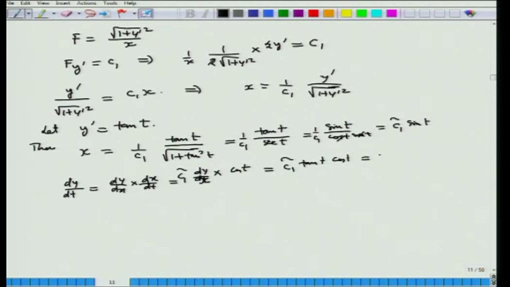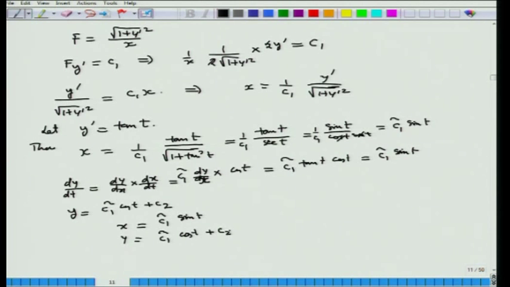So that is c1 tilde sin t, and therefore y equals minus c1 tilde cos t plus c2. So we get this as the solution here, and so we have x equal to c1 tilde sin t and y equal to c1 tilde cos t plus c2.